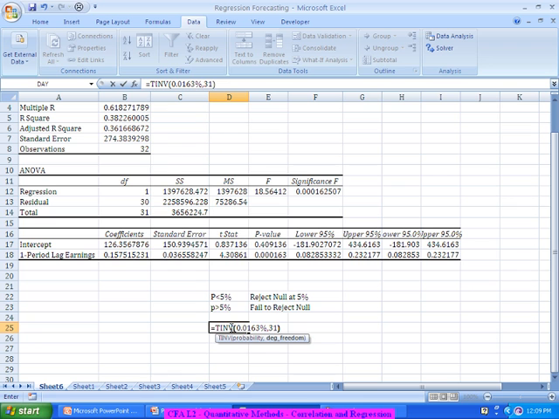At 31 degrees of freedom, our table value is around 4.3.